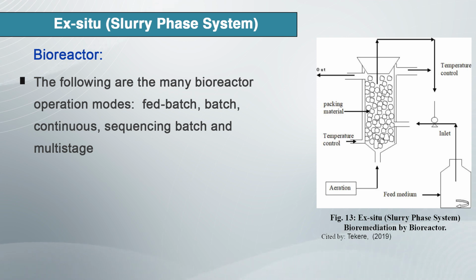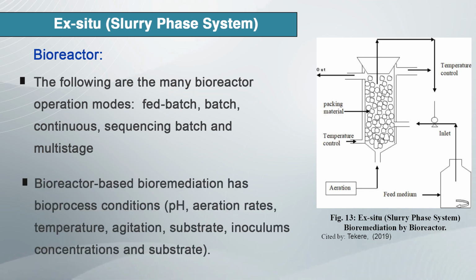First one is fed batch, second one is batch, third one is continuous, fourth one is sequencing batch and fifth one is multi-stage bioreactor. Capital expenditure and market economics are the primary determinants of the operational mode selection. Bioreactor based bioremediation has several benefits, one of which is its excellent control over bioprocess conditions such as pH, aeration rate, temperature, agitation, substrate and inoculum concentration.